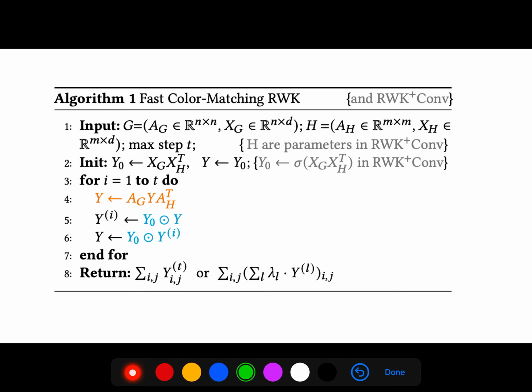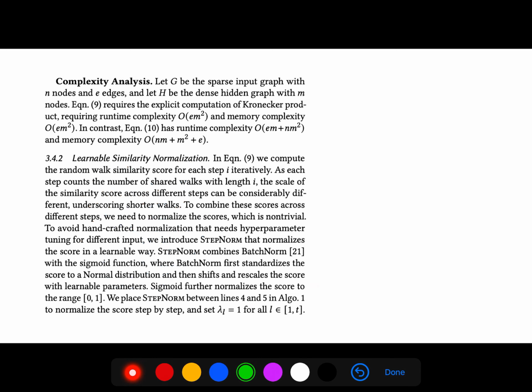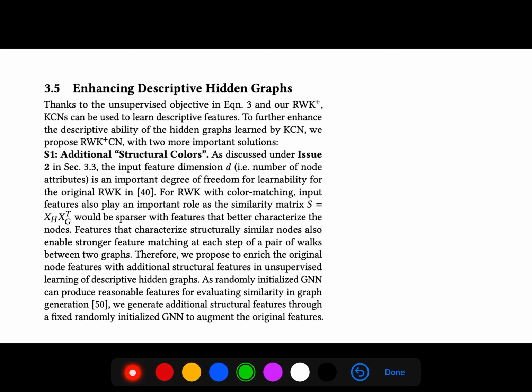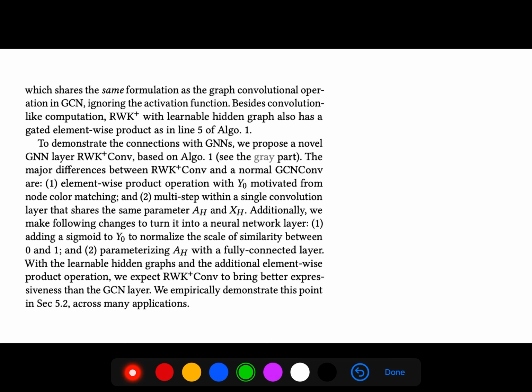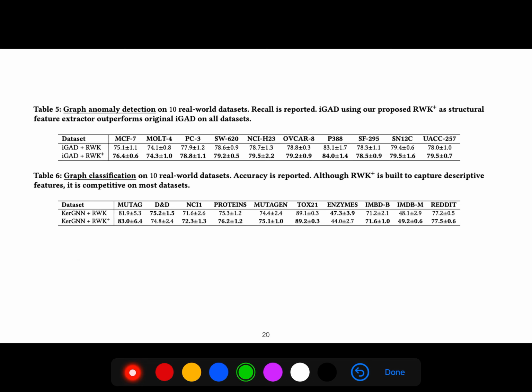Given your graph G and maximum step T, you return these two values. They also talked about the connections with graph neural networks. And these are the datasets they use for graph anomaly detection as well as graph classification.